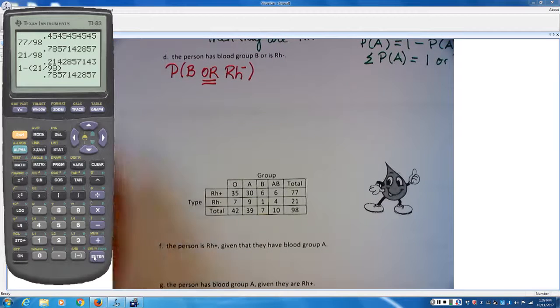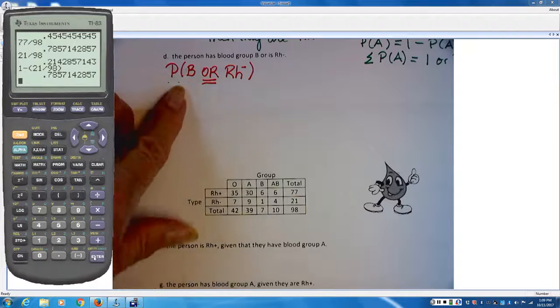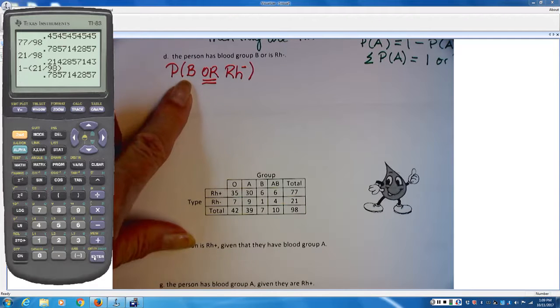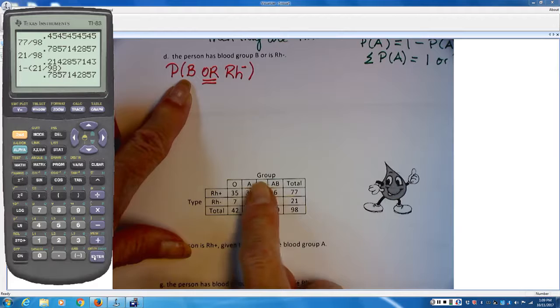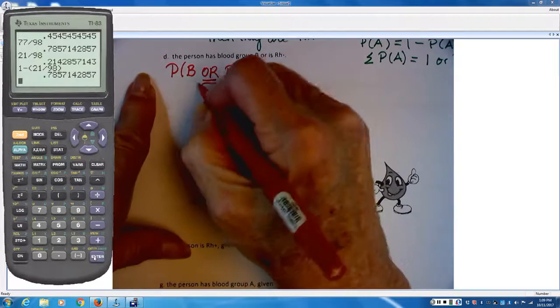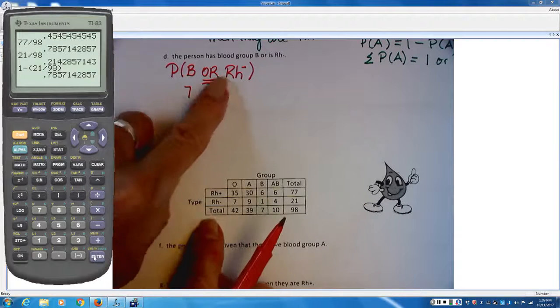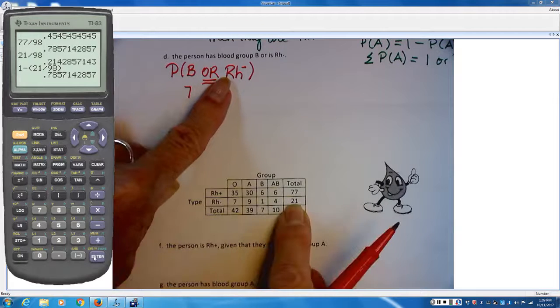If I just look at this on the surface and I'm not careful, I say, okay, how many people had type B? Well, that's 7 people, right? And then how many people were Rh negative? Well, that's 21 people.